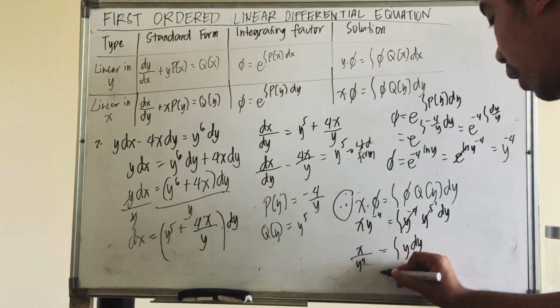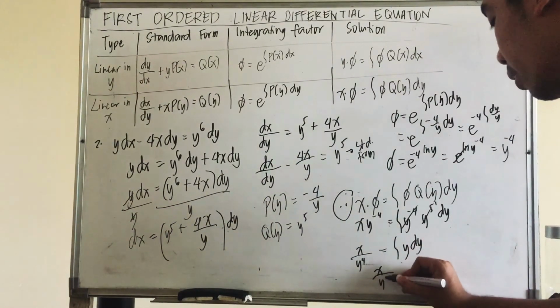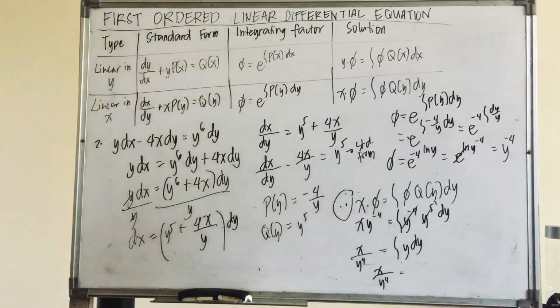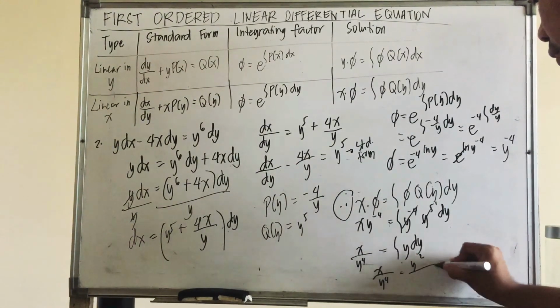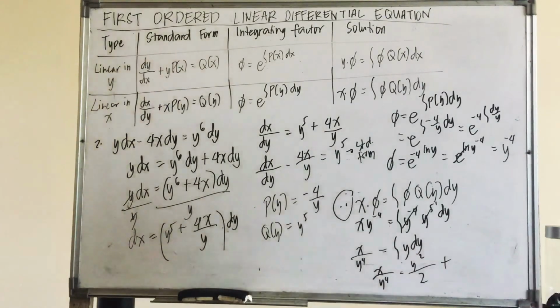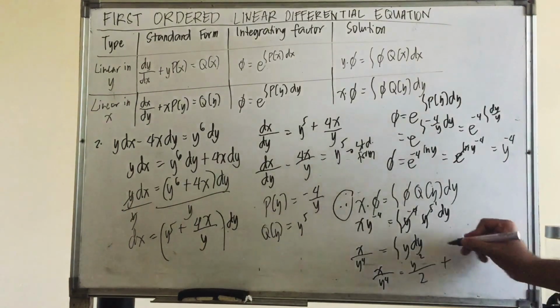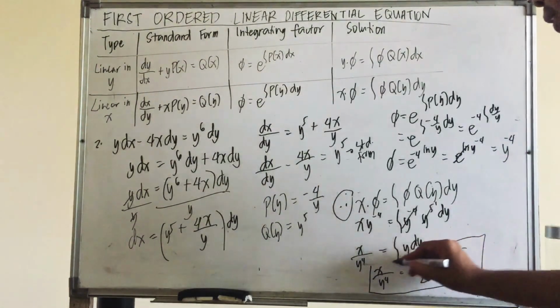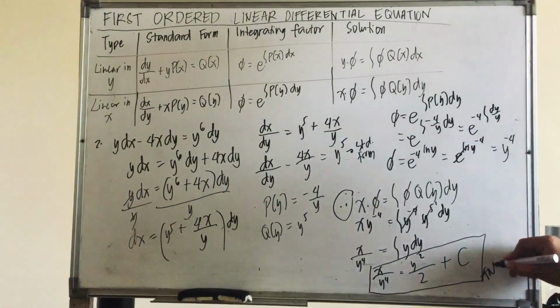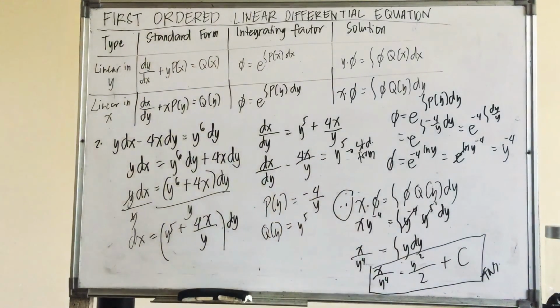So x over y raised to 4 equals the integral of y dy, which is y squared over 2 plus c. Answer. So that's the solution for example number 2.